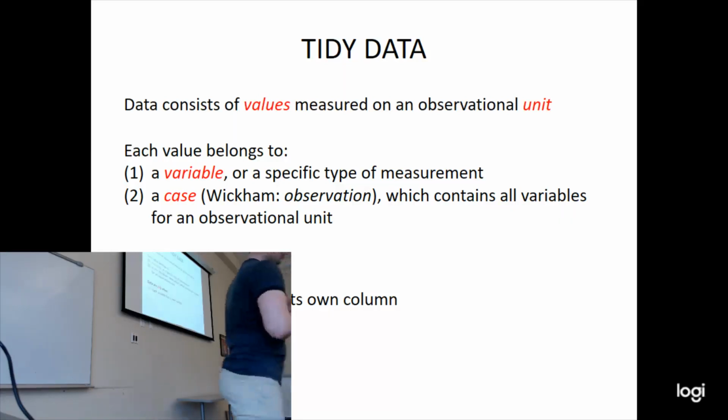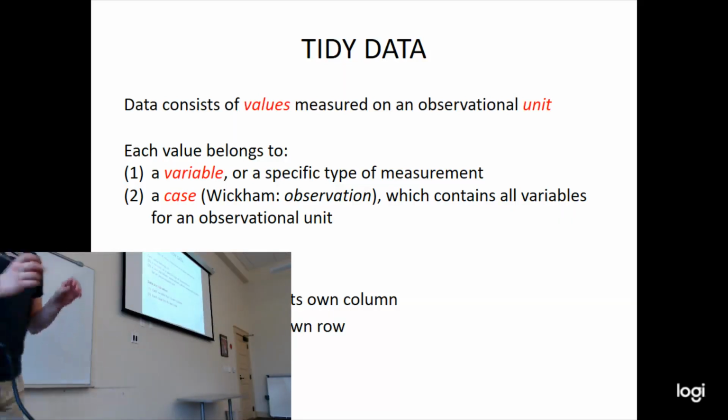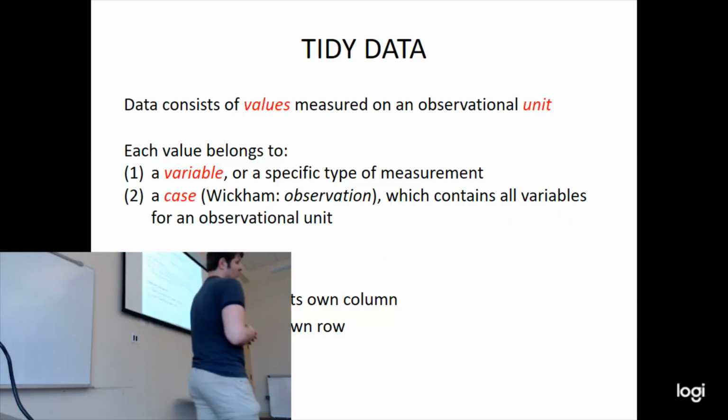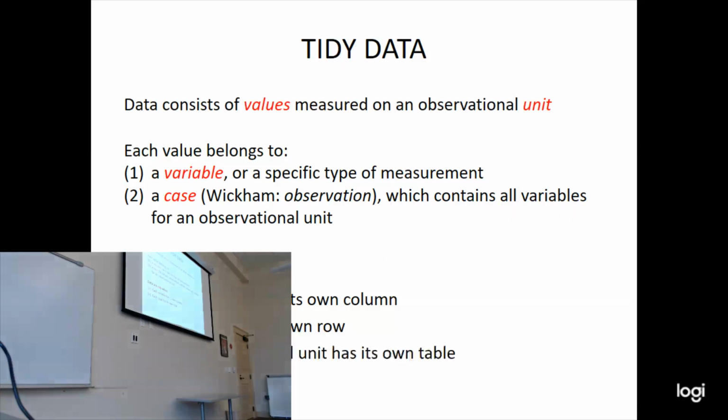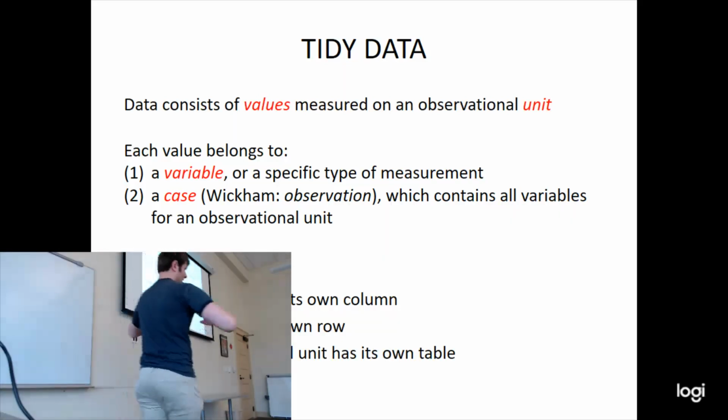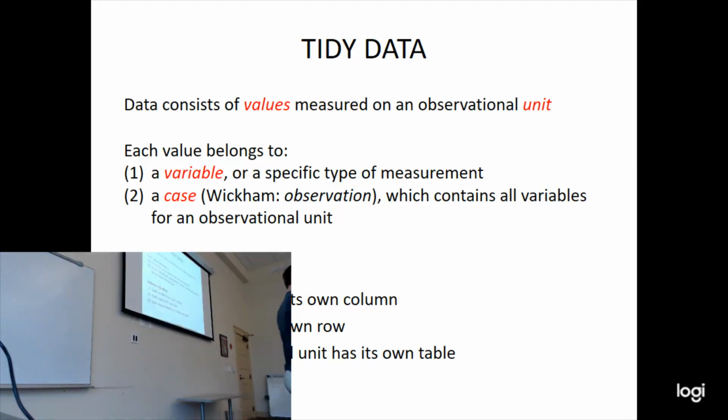Each variable is going to get its own column. Each case will get its own row. And we're going to store each observational unit, so information about businesses versus information about a specific person, in its own spreadsheet, its own table. And that's the idea behind tidy data.